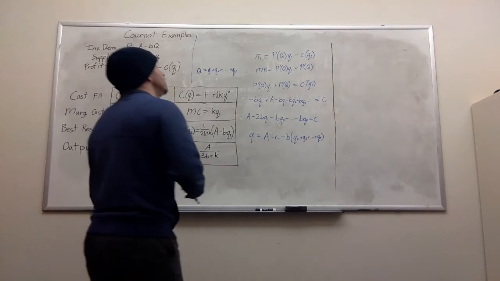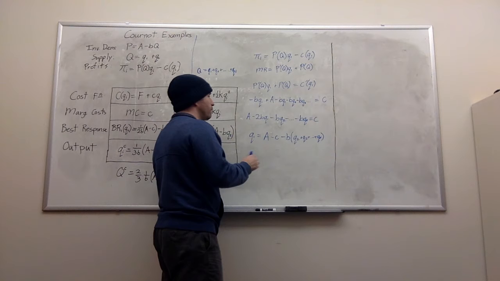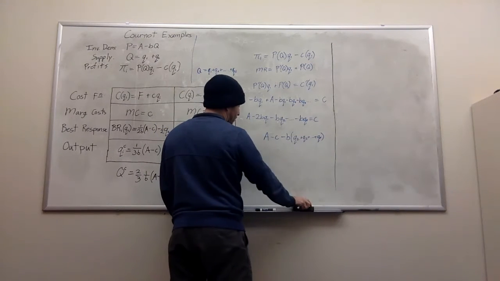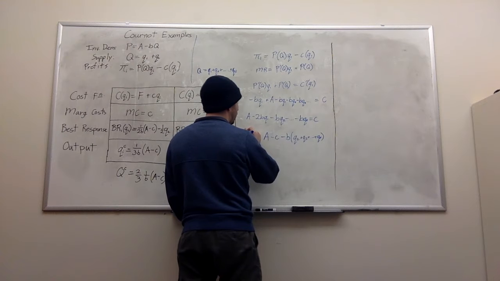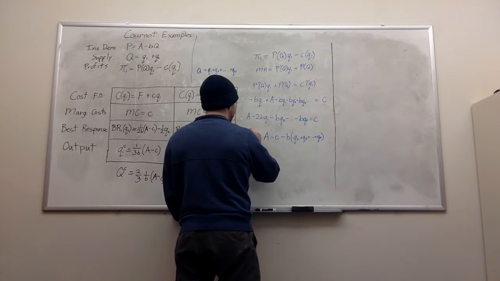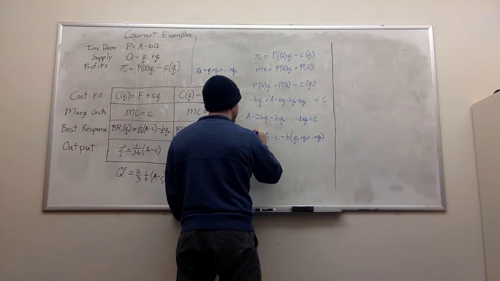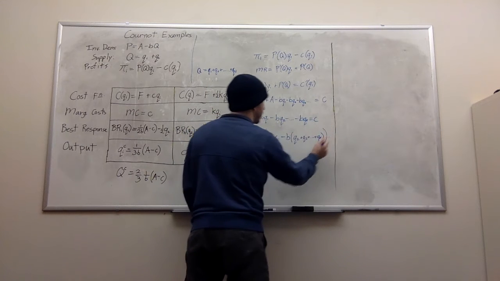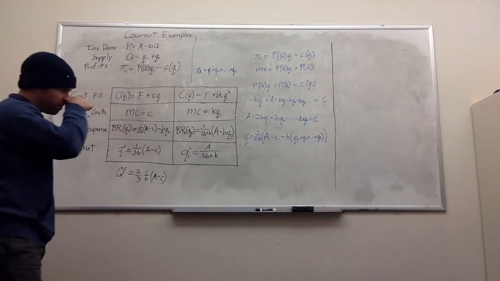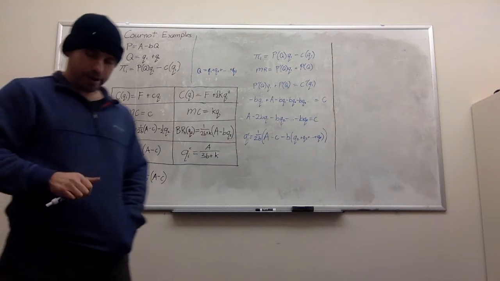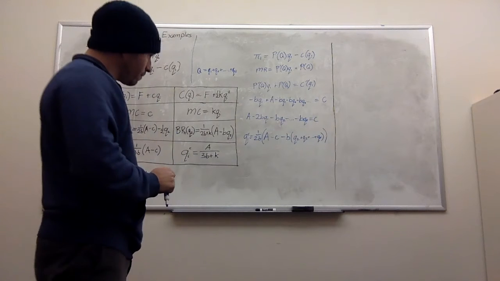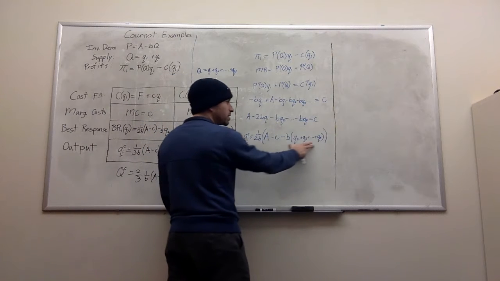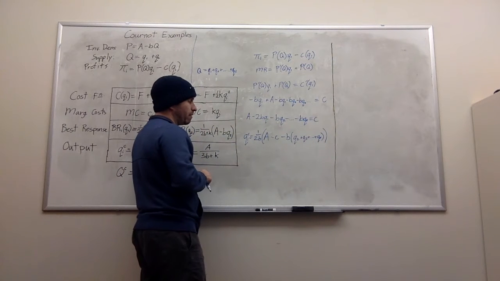Oh, sorry, I forgot our 1 over 2b. So that's Q1 is equal to 1 over 2b times all of that. So that would be the best response function for firm 1, right?